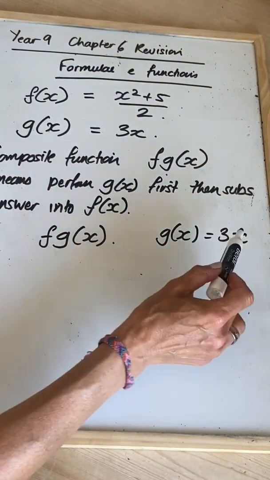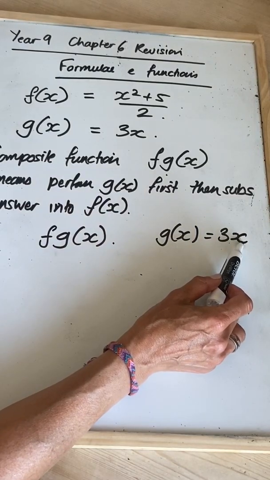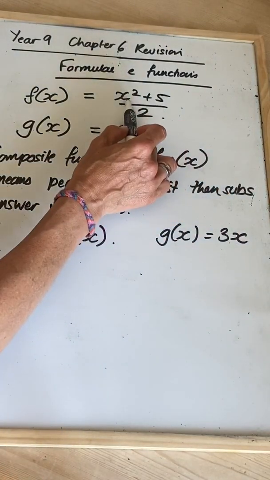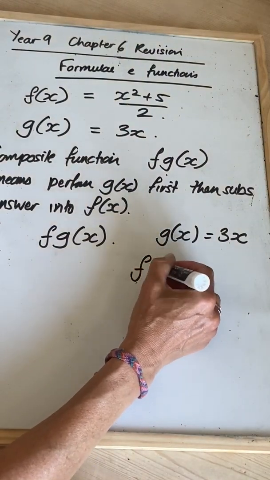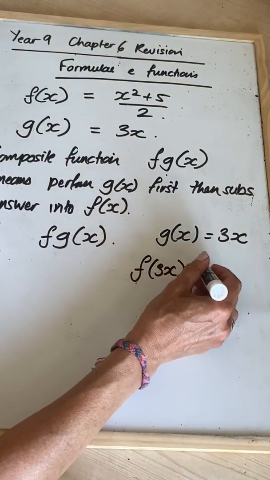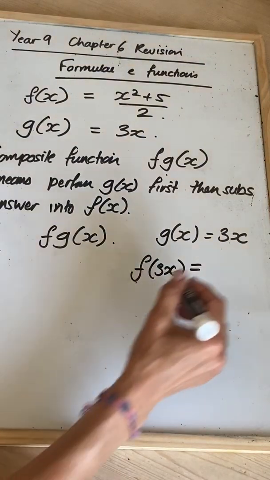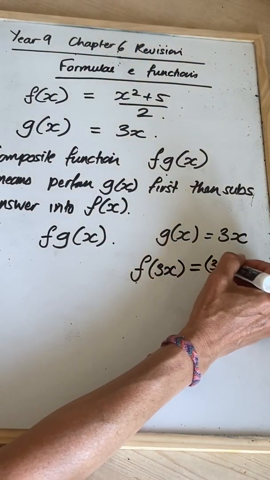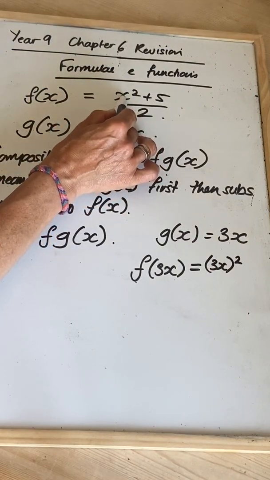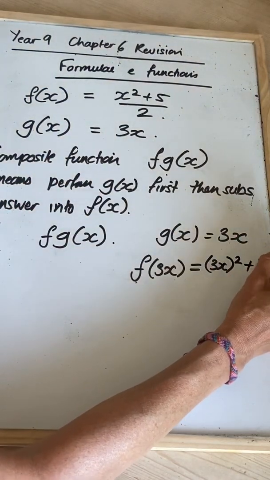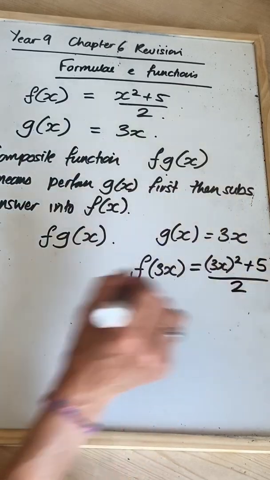So now my 3x is going to become my x value in my f function. So I'm now going to do f of 3x. That means I'm going to take 3x and square all of it, add 5 and divide by 2.